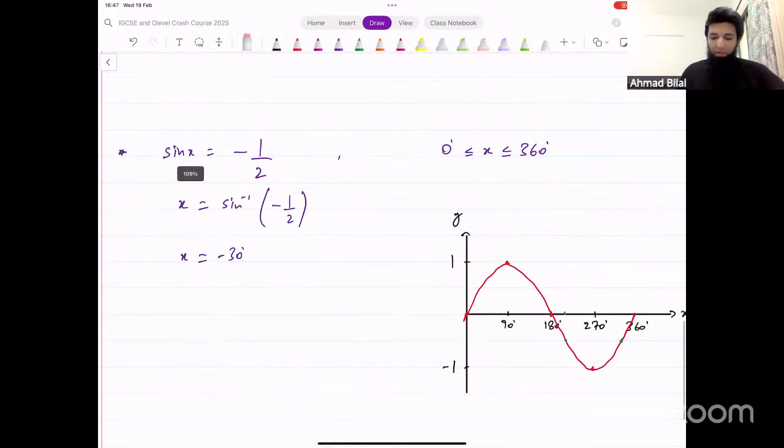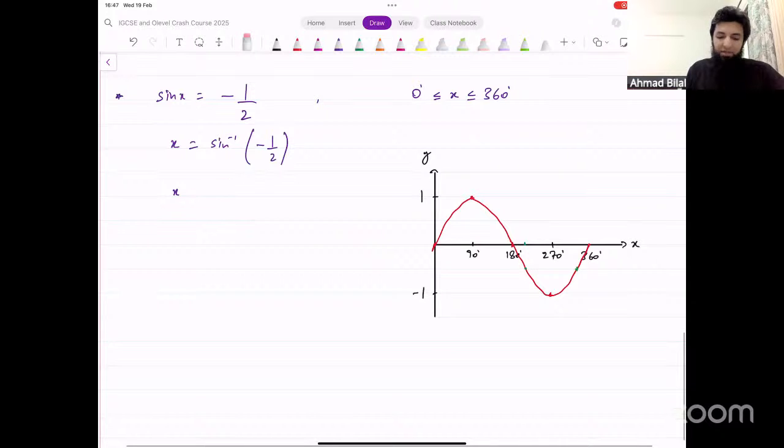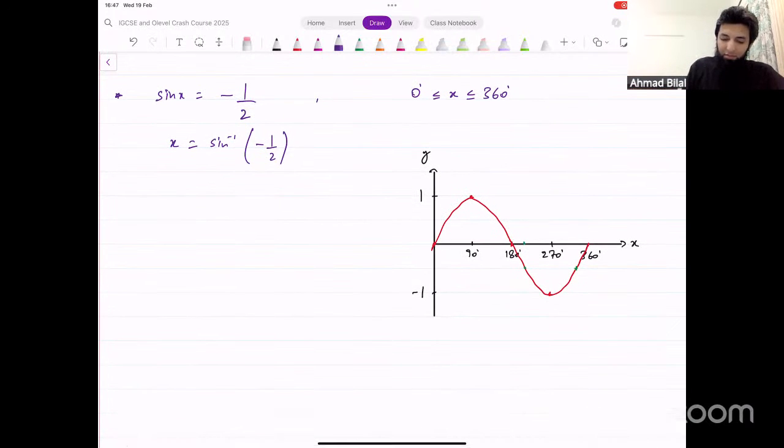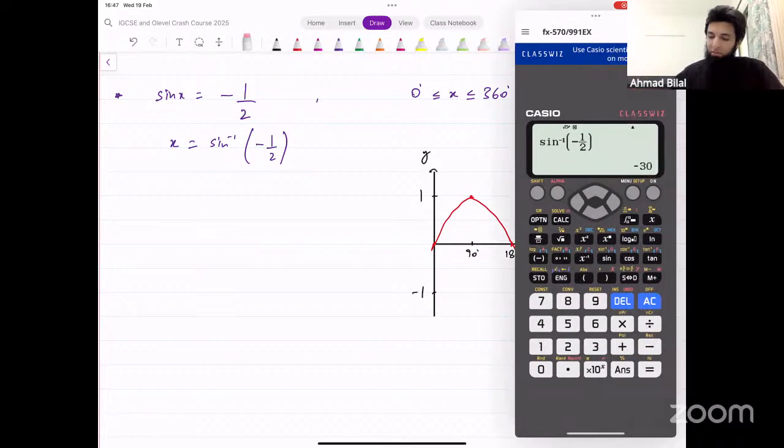This is another way to think about that same question. You do the same thing as before. You have this equation, sine of x equals negative 1/2. You put on your calculator sine inverse of negative 1/2. You get negative 30 from that.